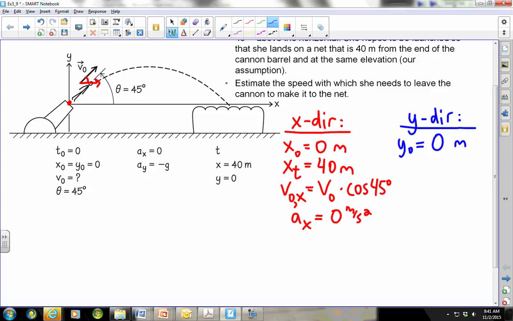And we're also going to say that the final position, because we're landing on the mat here, which is at the same elevation, is 0 as well. So 0 displacement in the y direction.